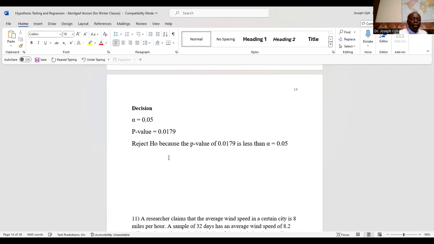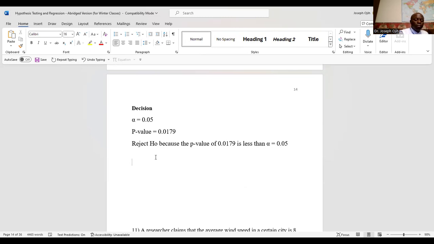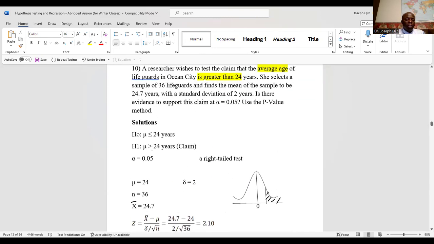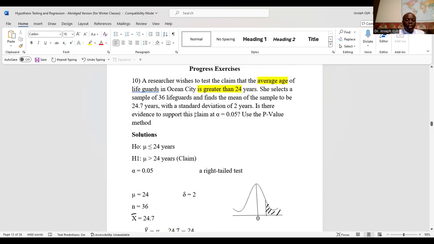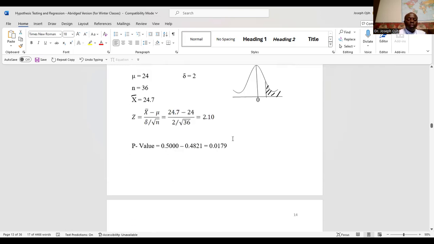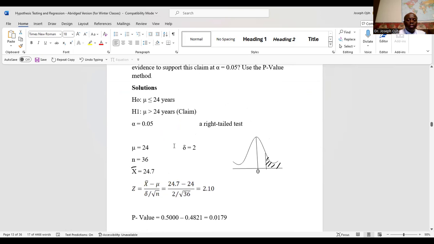So now our conclusion becomes: we rejected this one, which means this one is correct. Is there evidence to support the claim at alpha 0.05? So it said that there's enough evidence to support the claim that the average age of lifeguards in Ocean City is greater than 24 years. So we rejected the null hypothesis.